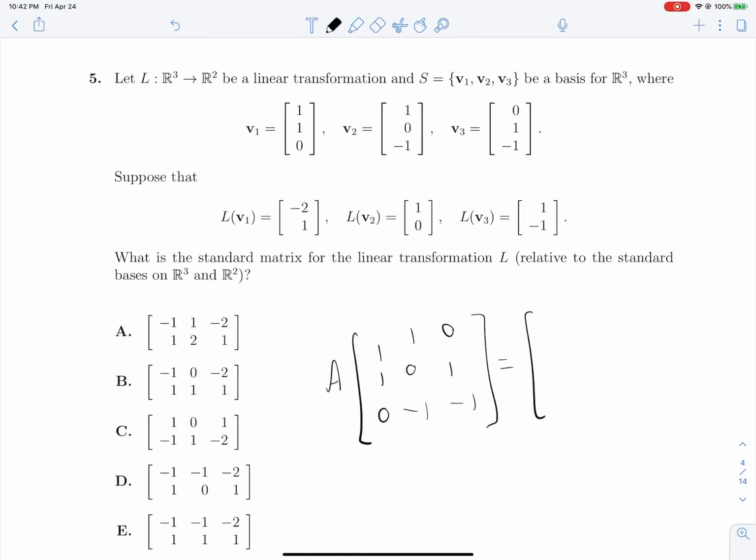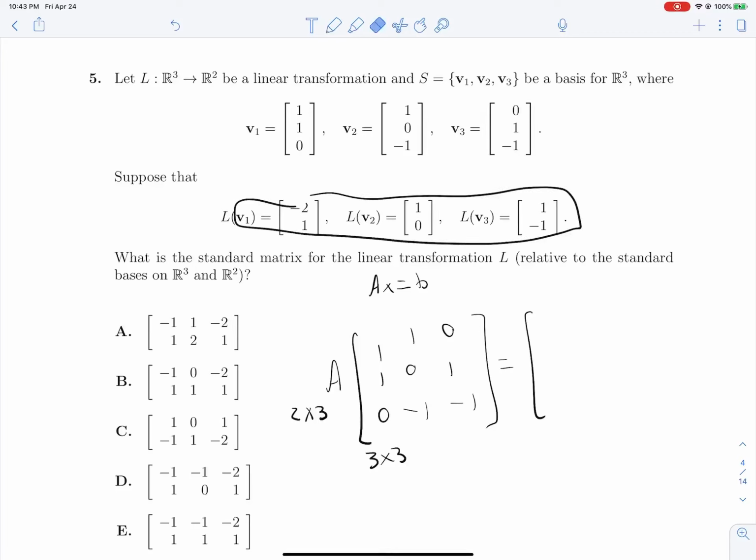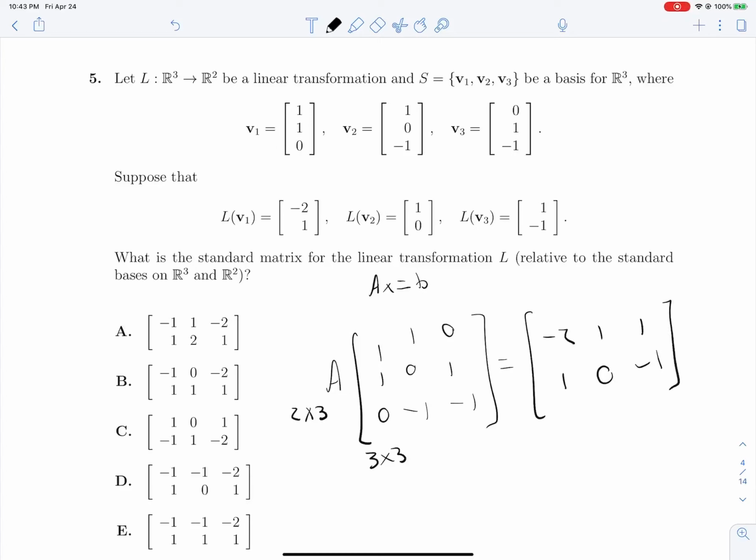So what we're doing here, we're setting up this form AX equals B, but instead of one vector here, we have three vectors, and we're doing this all at once. So applying this transformation to these three vectors, if A is a 2 by 3 matrix and this is a 3 by 3 matrix, we should get a 2 by 3 matrix out, and that 2 by 3 matrix will be the transformations of v1, v2, v3 all smushed together. Negative 2, 1, 1, 0, and 1, negative 1.